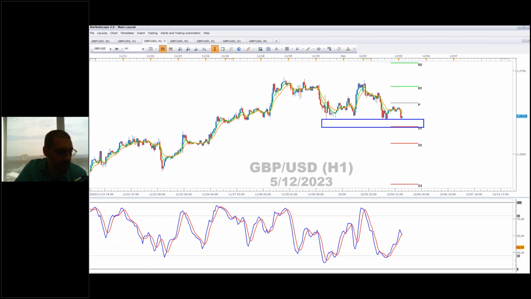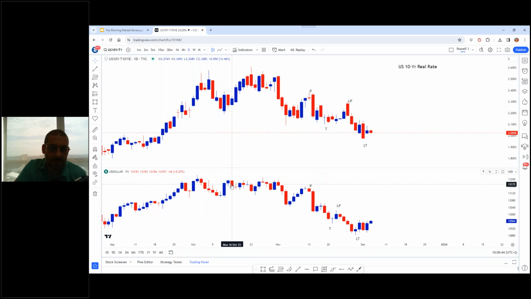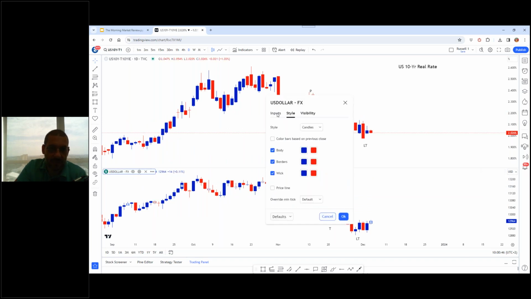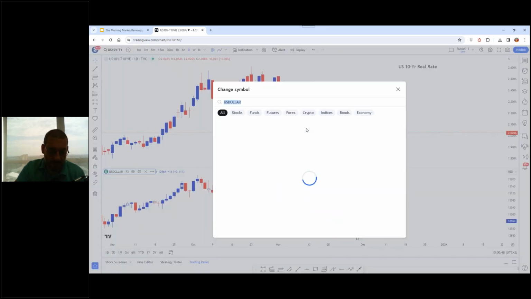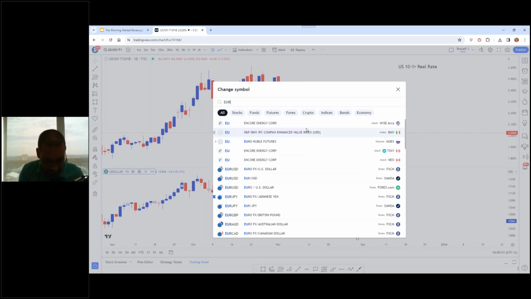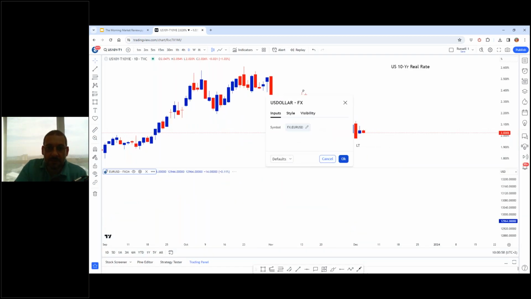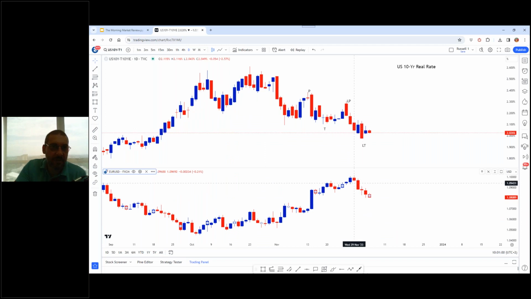Let's just take a look, James, at the spread. So what we'll do is we'll change this to, instead of the US dollar at the bottom, let's make this Euro US dollar. Okay, so you can see the drop in the euro here.